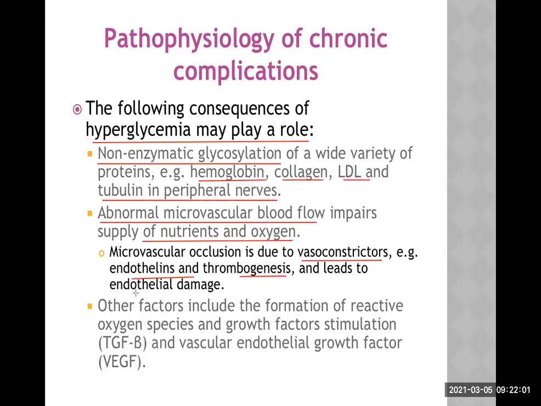At the same time, there is endothelial damage as well. So what happens now? There is thrombus formation, there is narrowing of the blood vessel, and all of these will cause ischemia. Other factors include the formation of reactive oxygen species, a reactive oxygen radical, and synthesis of transforming growth factor beta and vascular endothelial growth factor.